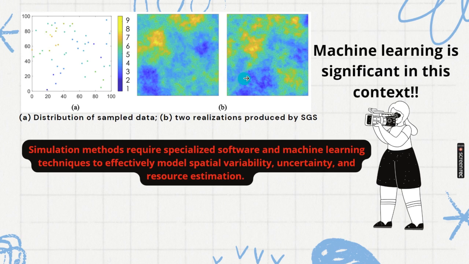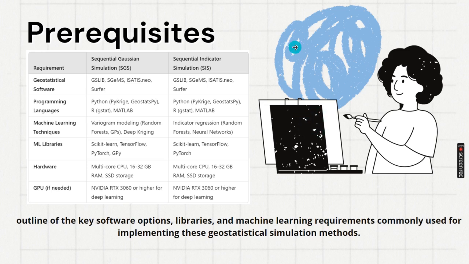For example, there are 2 realizations produced by SGS. See, this is the zone where graphite can be expected to be high, and here graphite is relatively lesser. So minor variation will be there, but for accurate estimation, definitely the end product will be one of them.